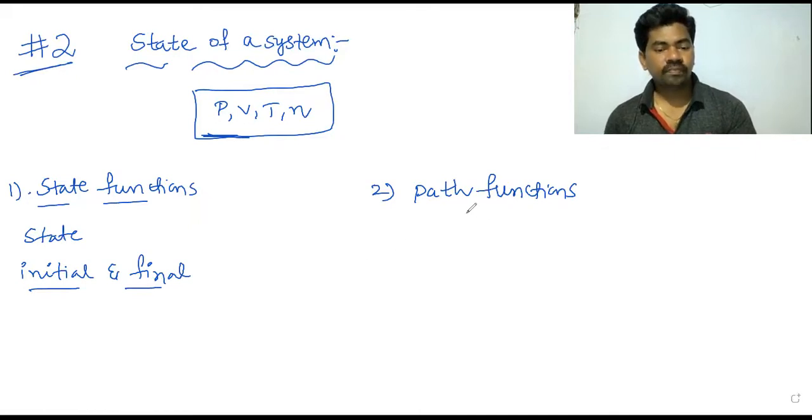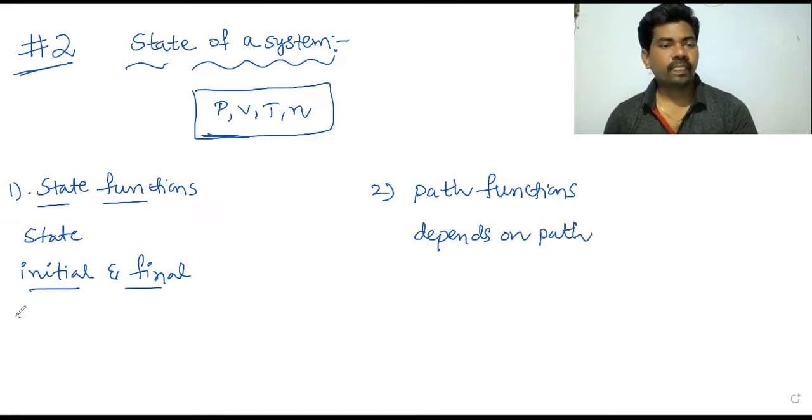But path functions are the properties of a system that depend upon the total path of a system. Not on the initial and the final state, only path. Examples of state functions: pressure, temperature, volume, then internal energy, Gibbs energy, entropy and enthalpy.